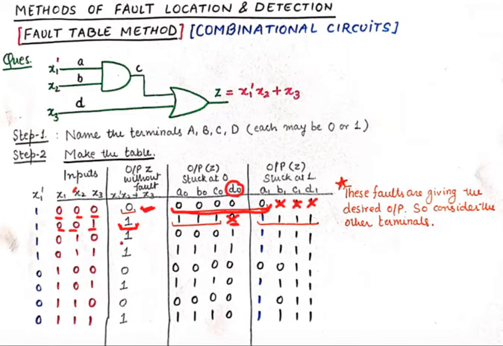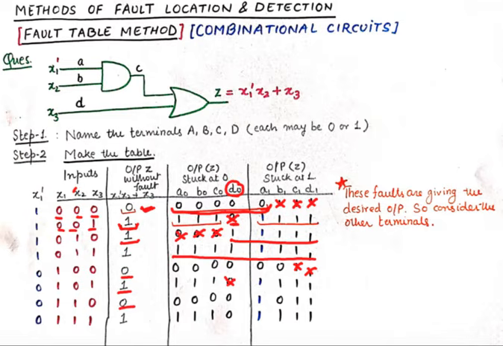And now the output needs to be 1 and these three are causing an output 0. So we put a cross here, these are not causing any trouble, and none of these are causing trouble here for 0, 1, 1. Here the output needs to be 0. Okay, these two are causing trouble. The output needs to be 1. Okay, so this is causing trouble.